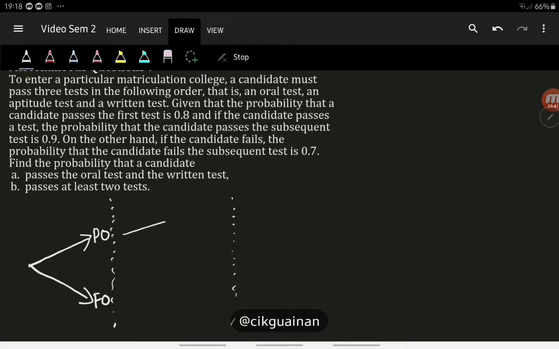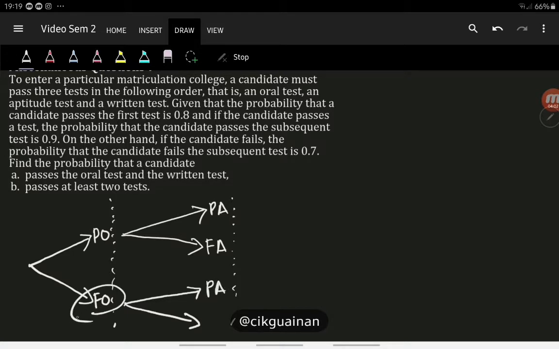Next, taking what test? The aptitude test. So pass the aptitude or fail the aptitude. Same goes for this one. It's either you pass the aptitude after you fail the oral, or you fail again at the second test, fail aptitude.